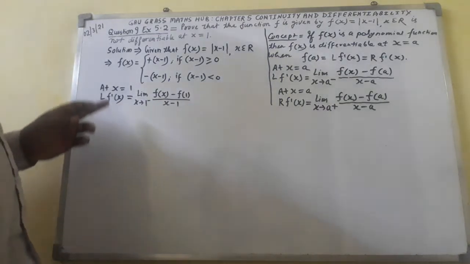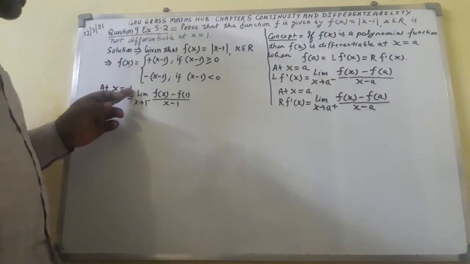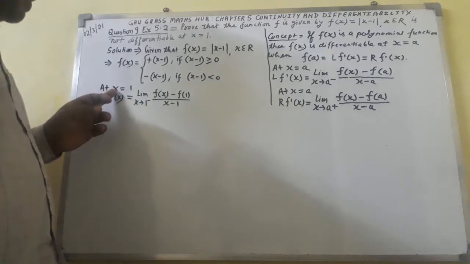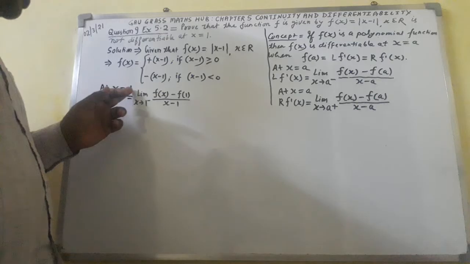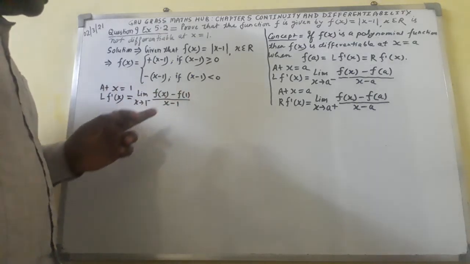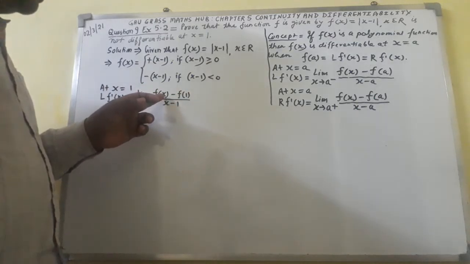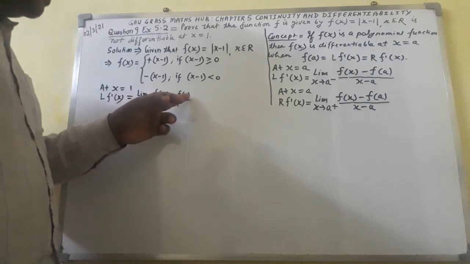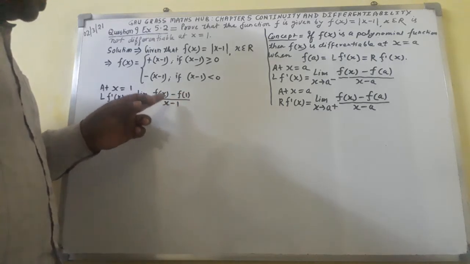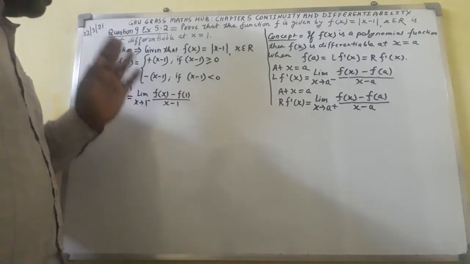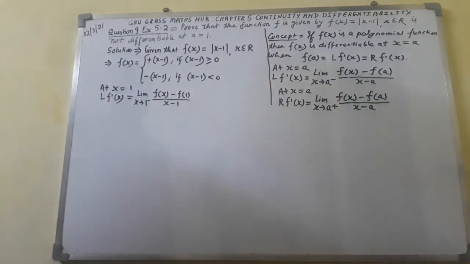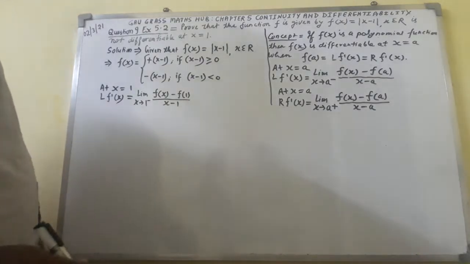It will be written because here x equal to 1, so first of all I shall write f of x minus here constant. After that I shall write f of 1 whole over x minus 1. And this is for remembrance x minus 1, x minus 1. So let us proceed further.